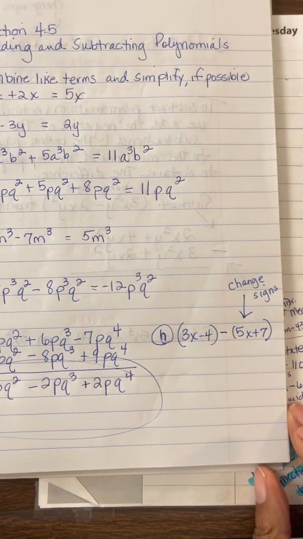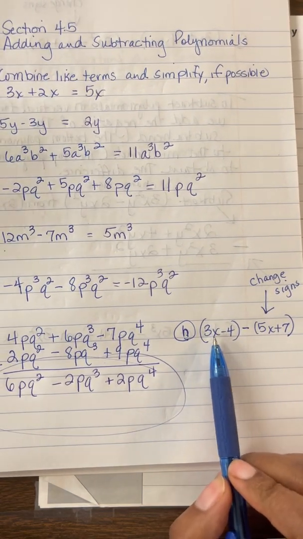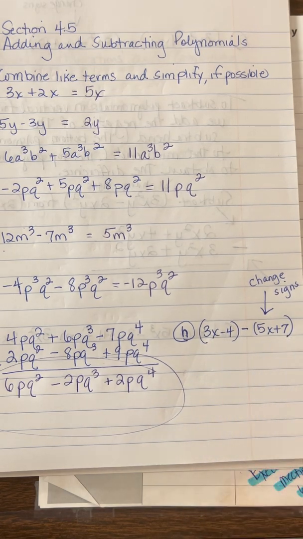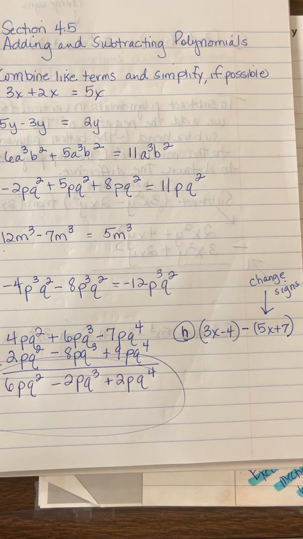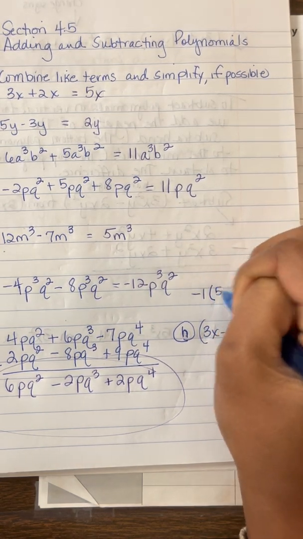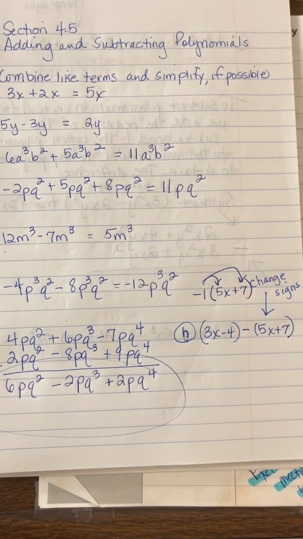Let me give you an example here. If you saw 3x minus 4 minus 5x plus 7, what do you do then? Well, you want to stack them vertically. But I want you to change the signs. When you see a negative 1, I want you to be thinking about the distributive property. You're taking the negative 1 and multiplying it all the way through, which means to change the signs.